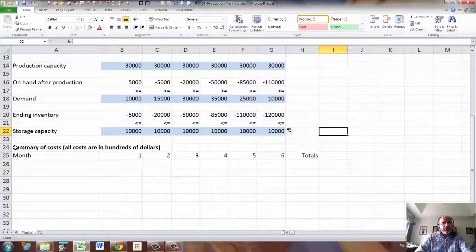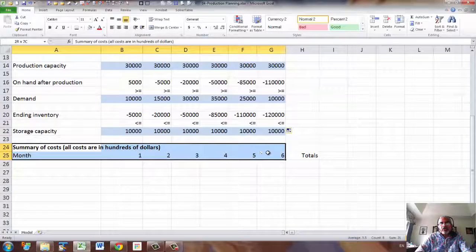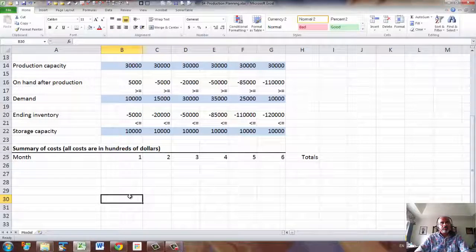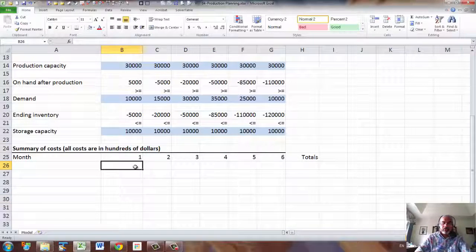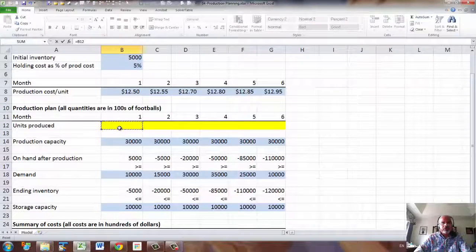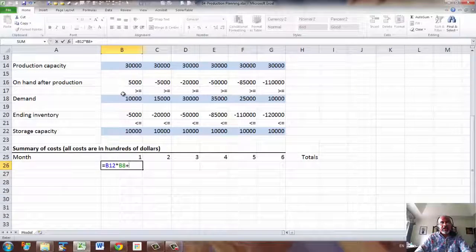Okay. Now summary of all costs. We'll put an underline here. So we want to sum the cost. So we have units produced times production cost. So that's production cost plus we have an ending inventory.